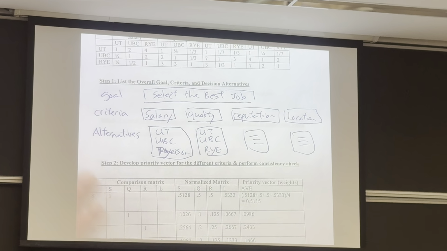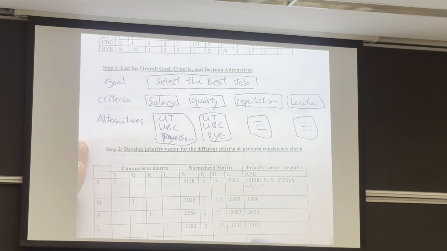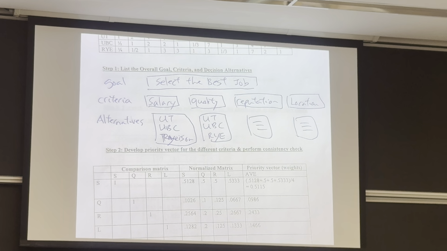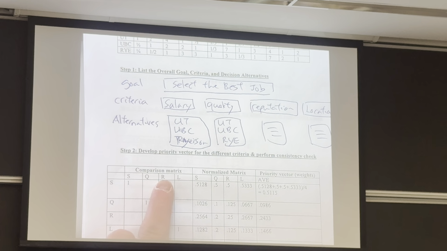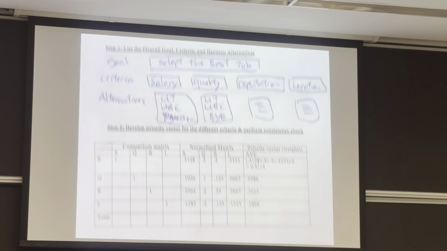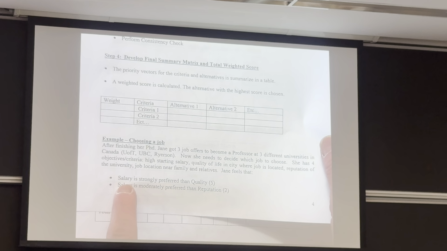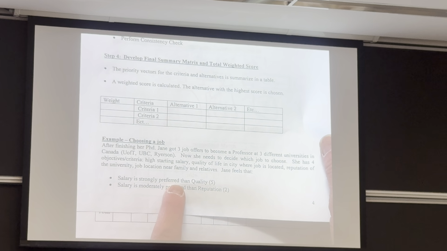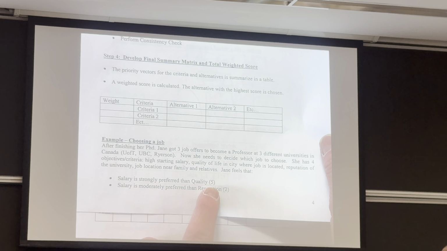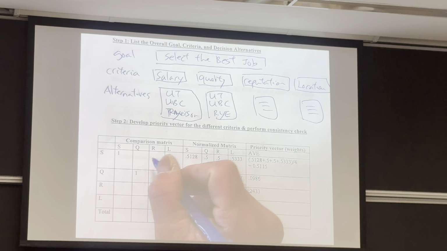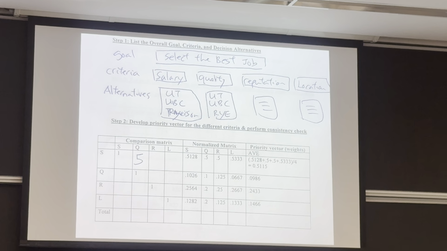Okay, then we have to come up with the weights for each criterion. We start with this comparison matrix, with salary, quality of life, reputation, and location, and the same thing down here. We start putting down the numbers. Salary compared to quality is 5.